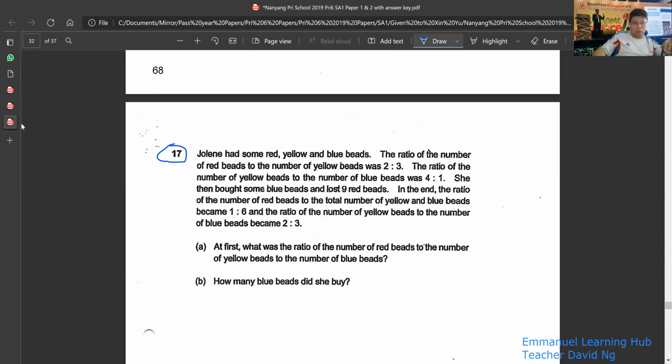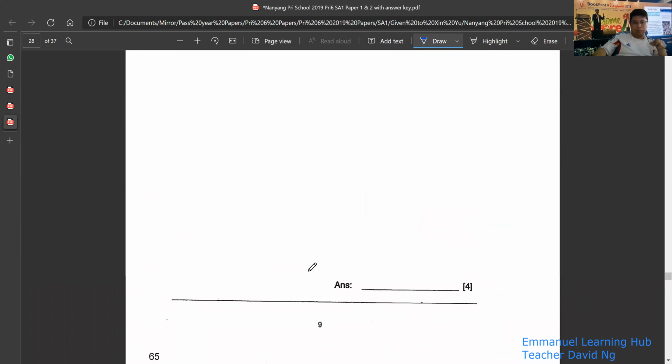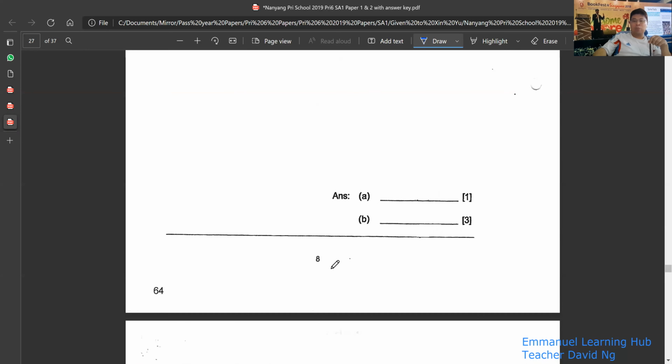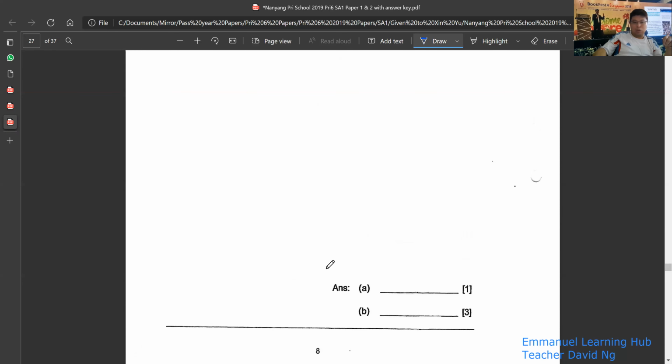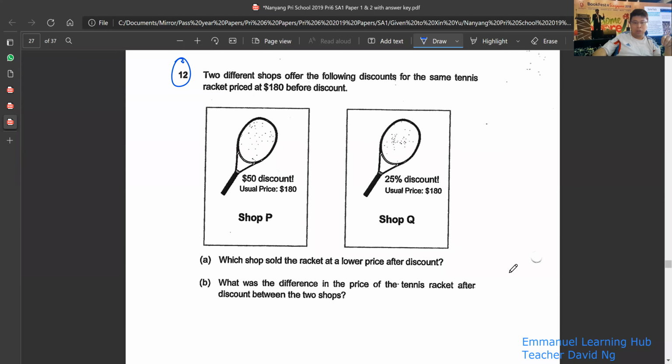Okay, let's look at number 12. I've got to rush a bit already. I might not have enough time to go through everything.